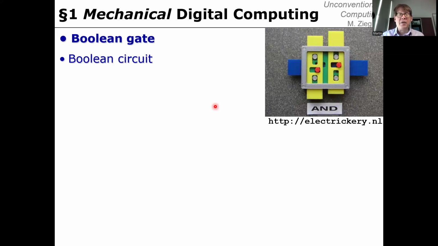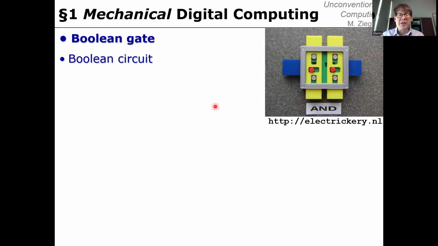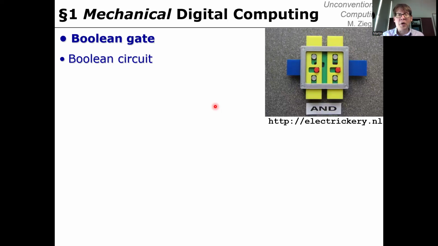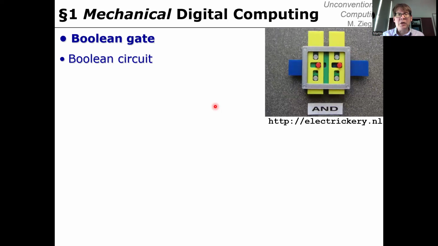And I gave you this homework assignment to figure out what is the third of these gates that we considered. So this is an AND gate, right? Logical AND. The two yellow bars indicate the two input signals. When a yellow bar is pushed down, it means 1, it means a signal is present. And the blue bar indicates the clock on the right, and on the left, it indicates the output.